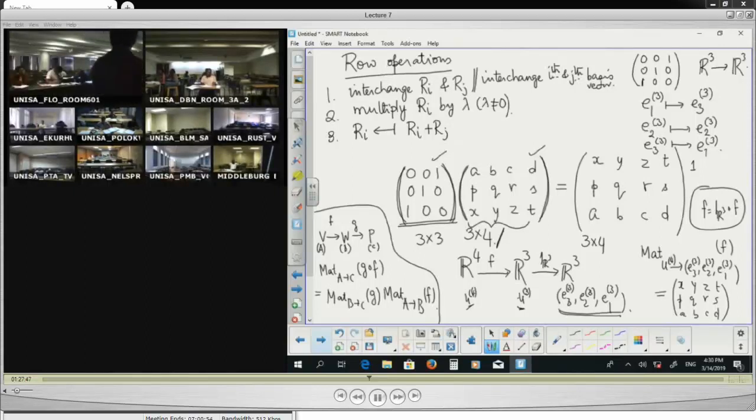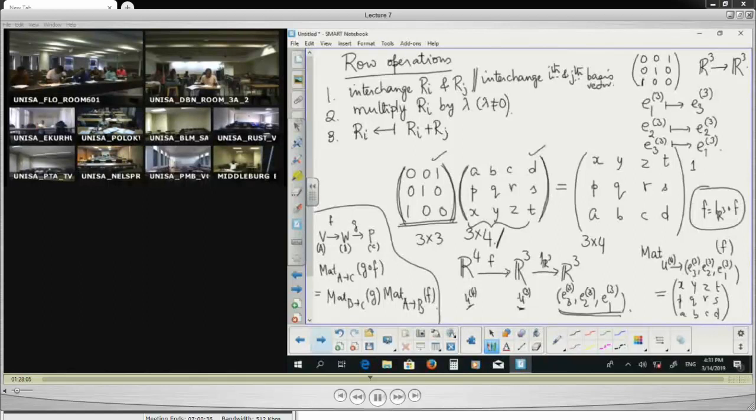Multiplication on the right means you are changing the columns, you are changing the domain. The domain remains fixed. The basis of the codomain is just changed. Clear?